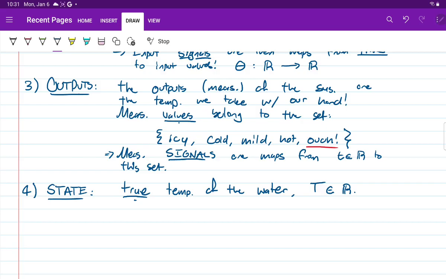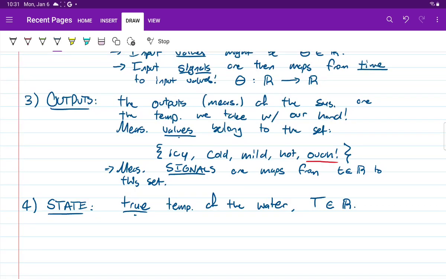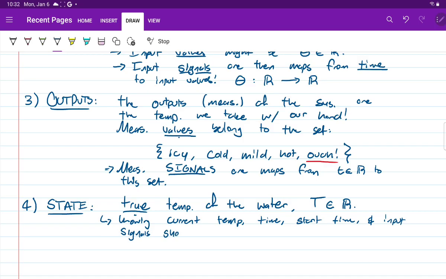Okay. So what properties should this state satisfy? Well, if we assume a very, very simple model of our shower, then knowing the current temperature, current time, start time, and input signals should give us some idea of what the system's going to do next.